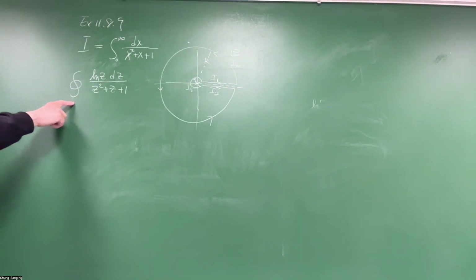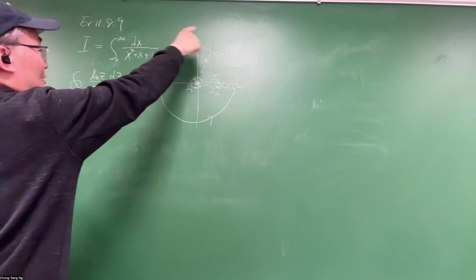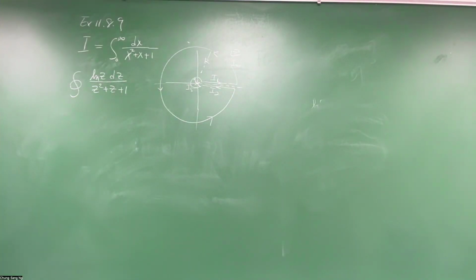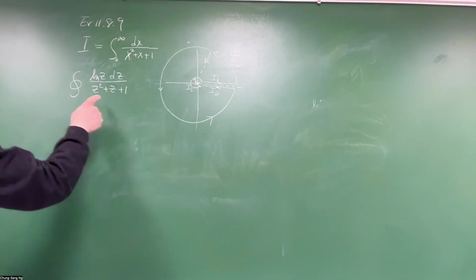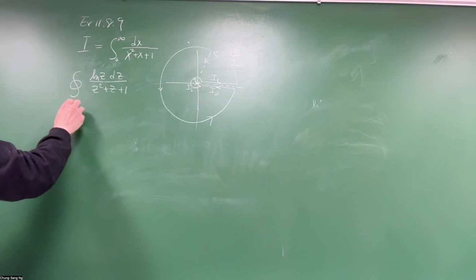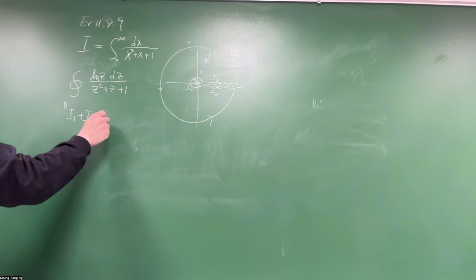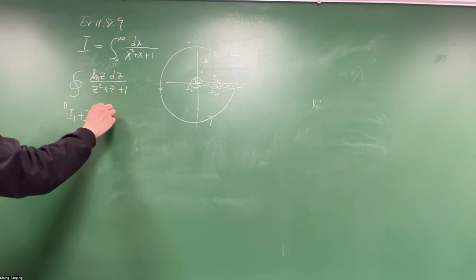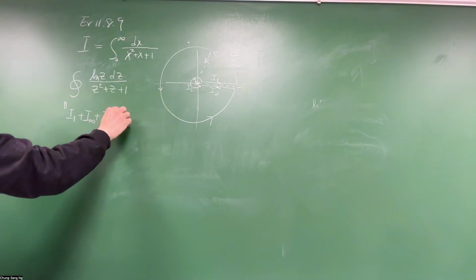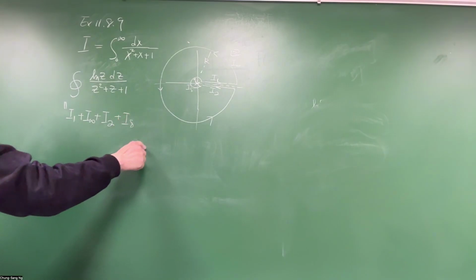Basically the same thing, just different paths, right? So the total is I sub 1 plus I infinity plus I sub 2 plus I delta.